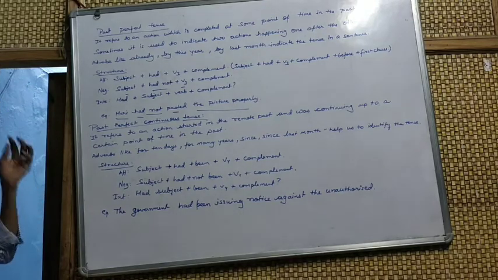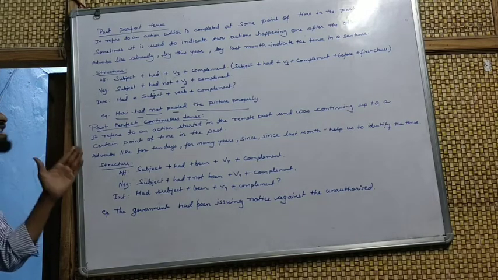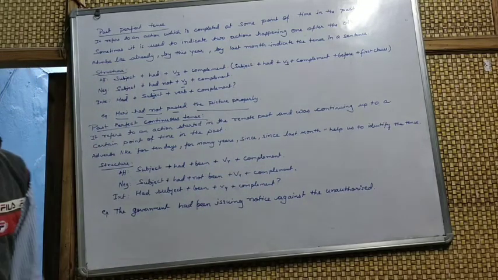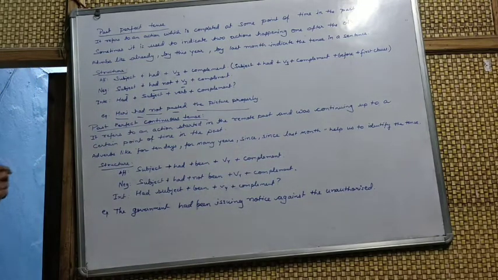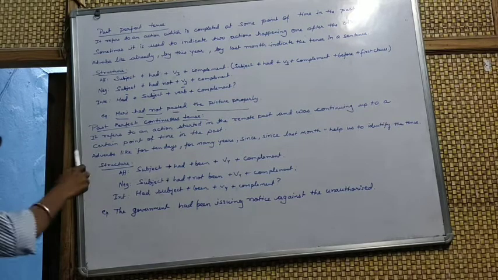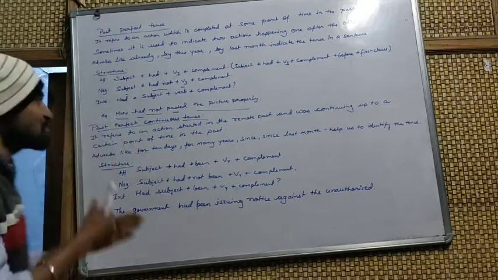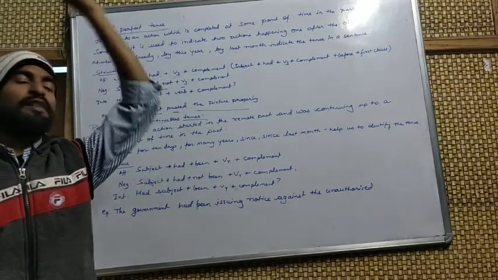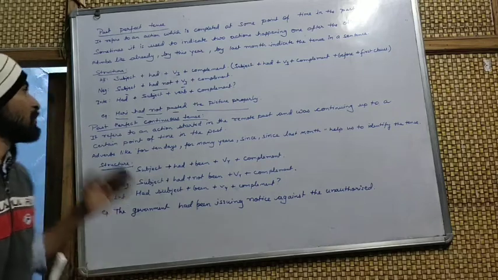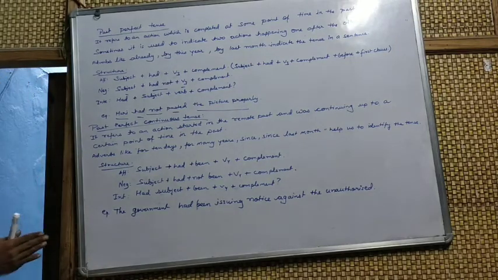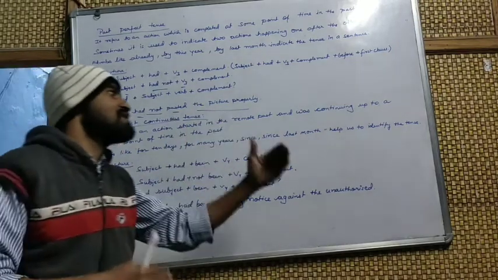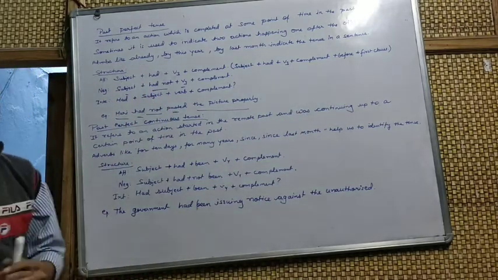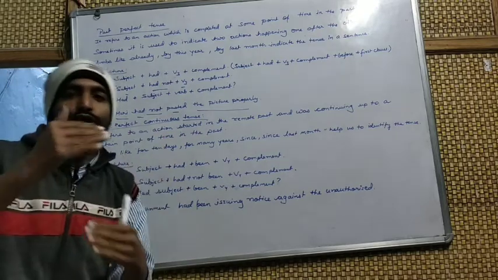Okay. Now we will move on to the next tense, that is past perfect continuous tense. Again, mind it clear. This refers to an action started in the remote past, means very long ago in the past, and was continuing up to a certain point of time in the past, and it has already completed.